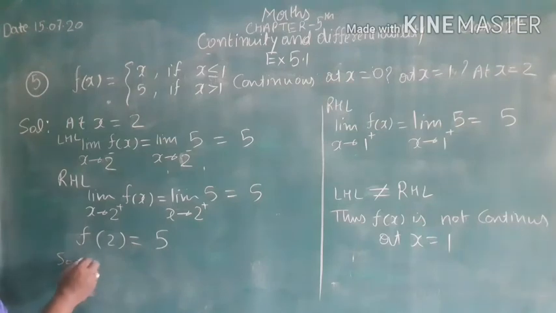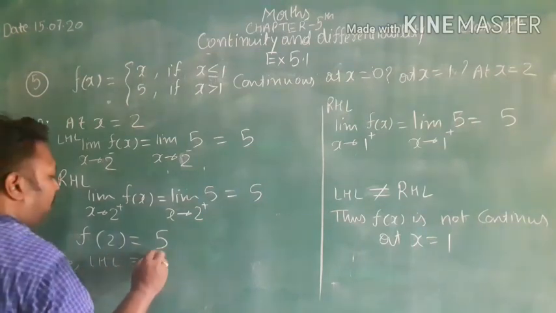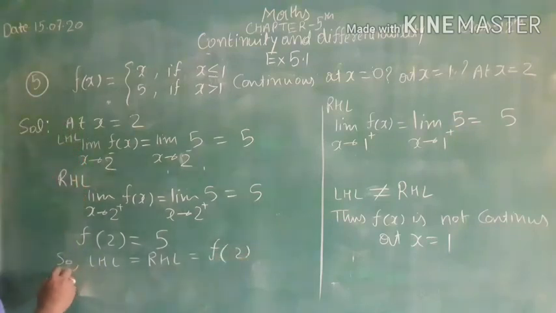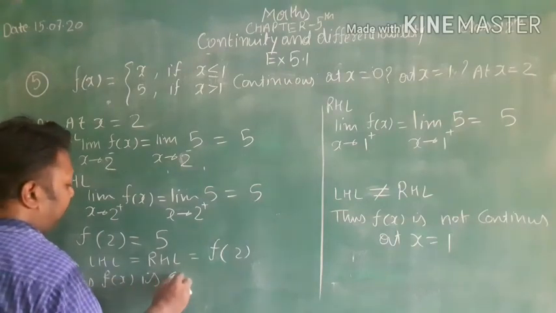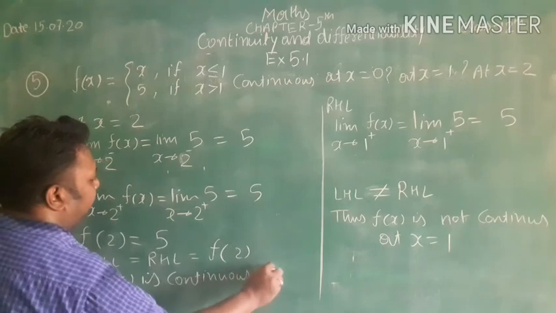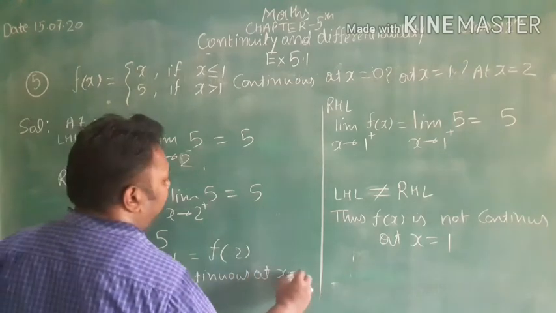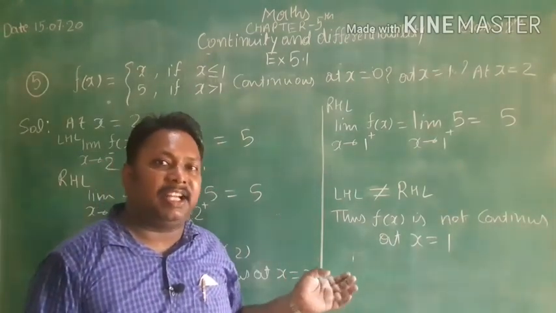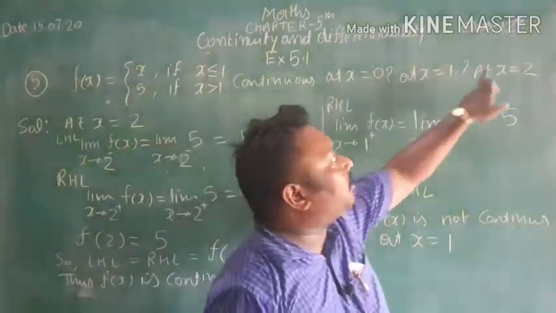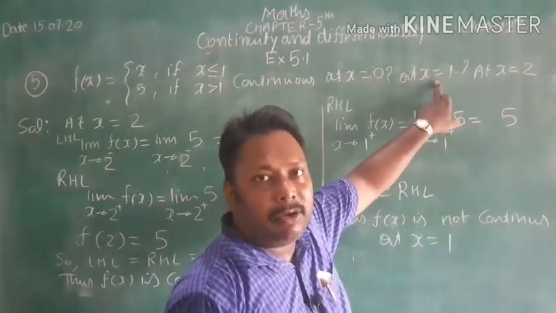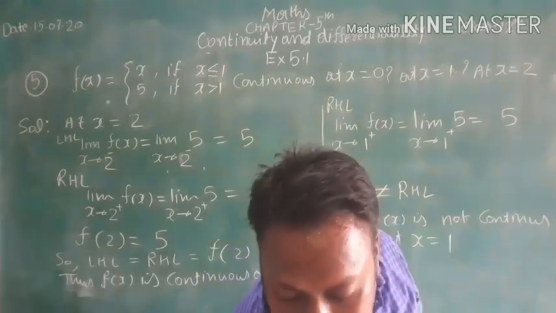So LHL equal to RHL equal to f(2), thus f(x) is continuous at x = 2. So in this question we observe that this function is continuous at x = 0 and x = 2, but discontinuous at x = 1. Now we solve the next part of this question.